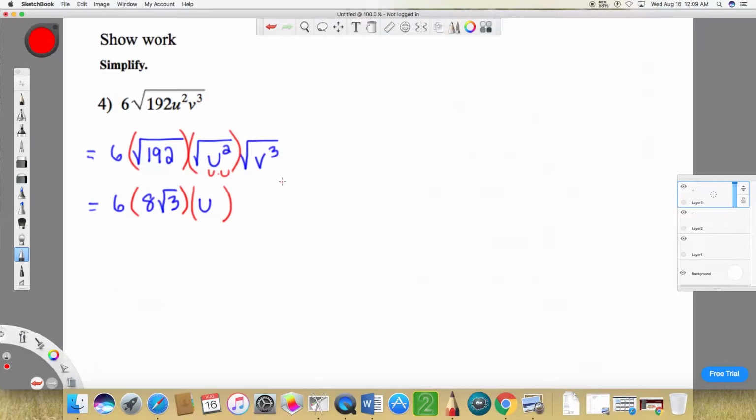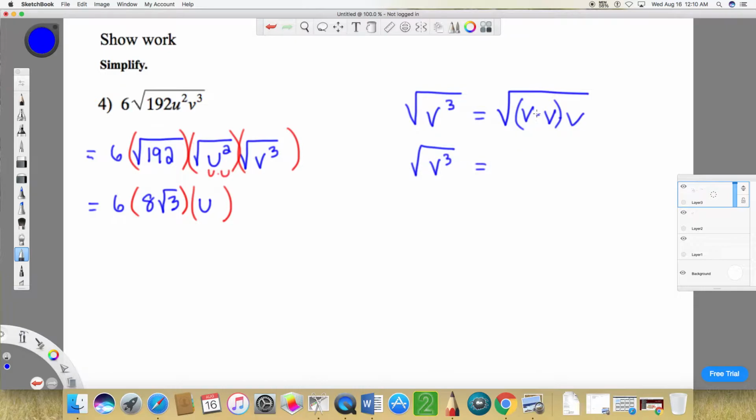Now what about the v? How can we simplify this? Well, pretty easily. We've got v cubed, and we know that an exponent is just a way that implies repeated multiplication. V to the third power means v times v times v. And we've got a pair right here. So this v to the third power, when we have multiplication, we're able to split this into two radicals.